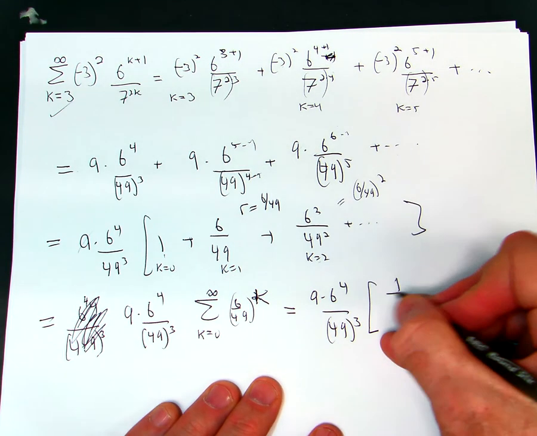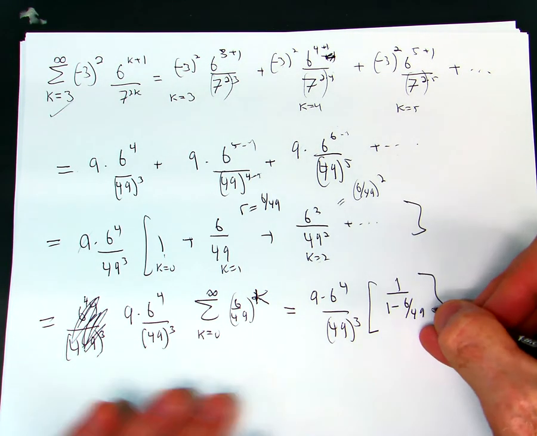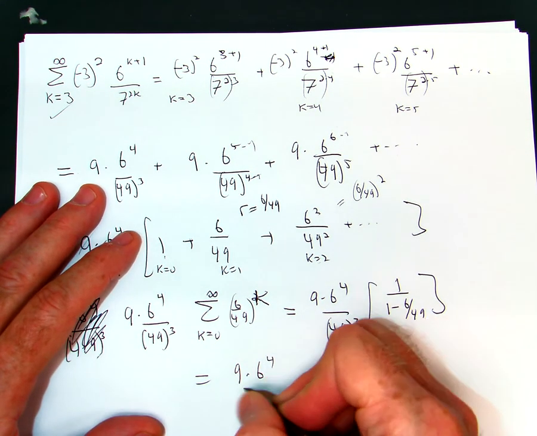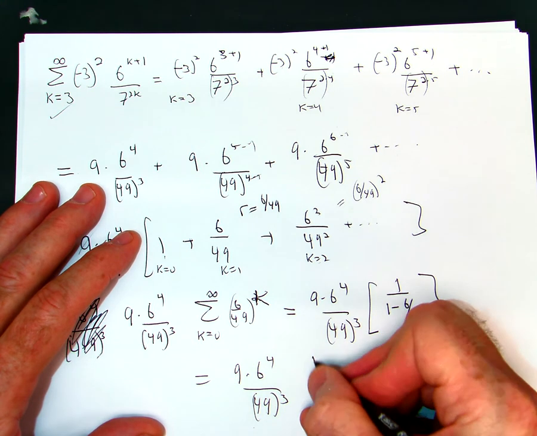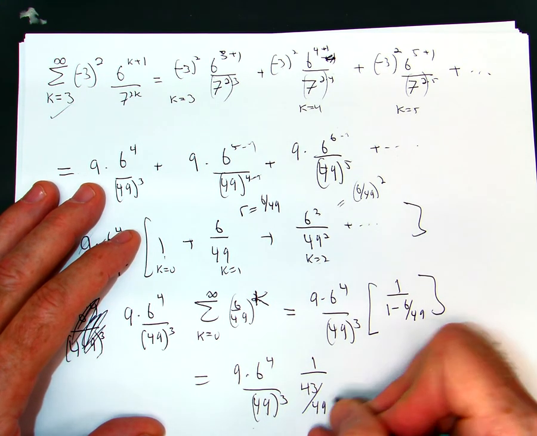So I get 1 over 1 minus 6 over 49. I get 9 times 6 to the 4th over 49 cubed times 1 over 43 over 49.